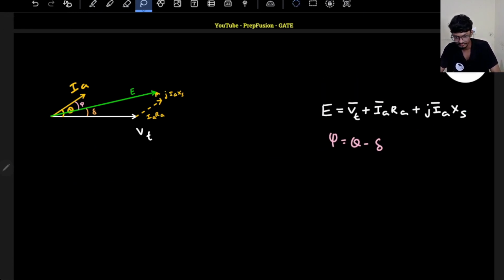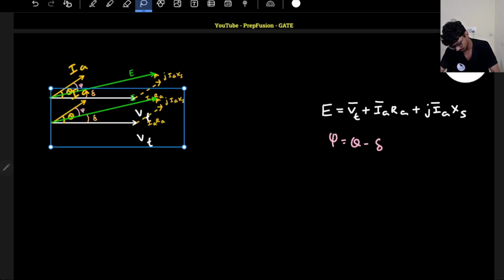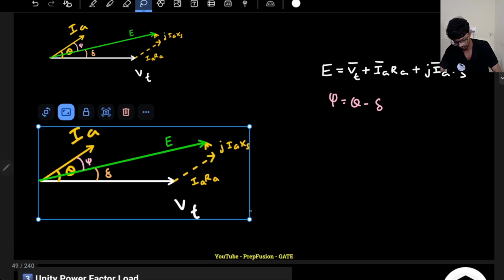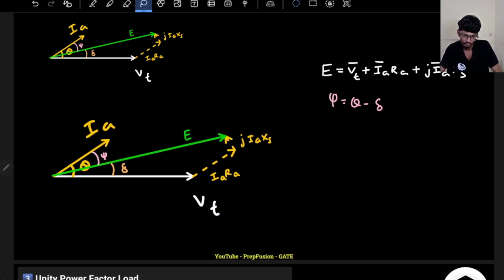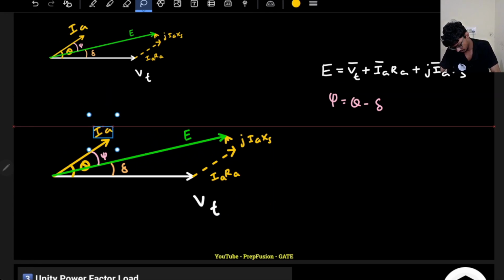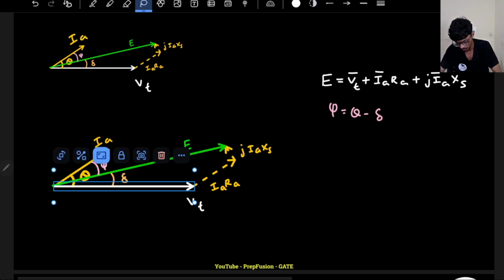So let's now derive the expression for the magnitude of E, and the value of psi. How can I find out the value of psi? So I will copy this, and this Vt will have two components, right?